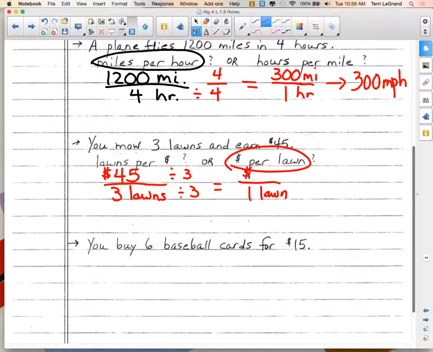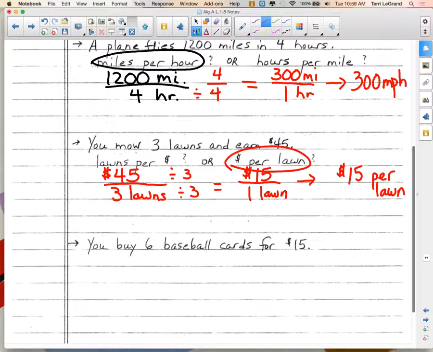Dollars. Okay? So we end up with $15 upstairs, one lawn downstairs. There really isn't like a special abbreviation for this. We're going to put it as $15 per lawn. So in other words, you get paid $15 per lawn.